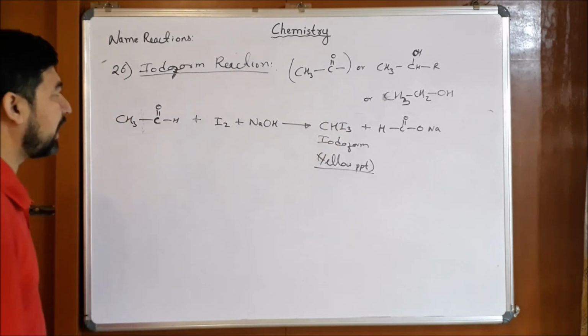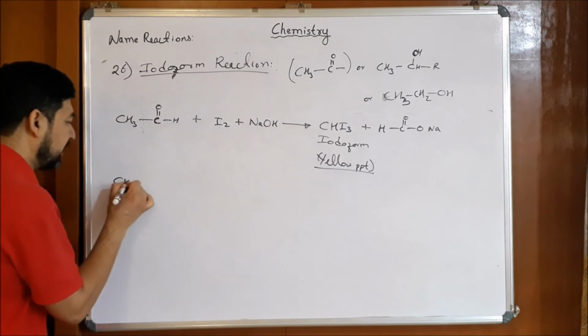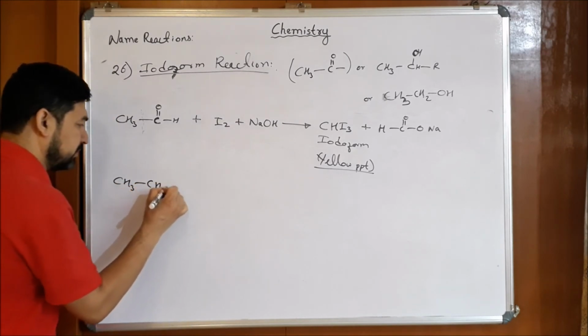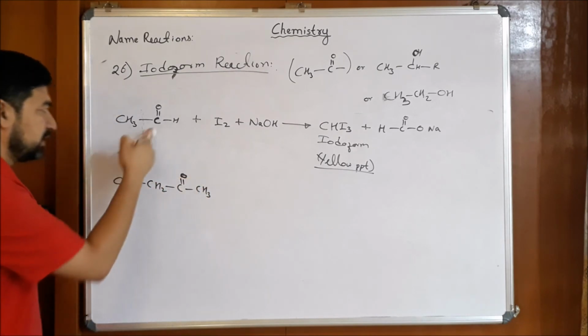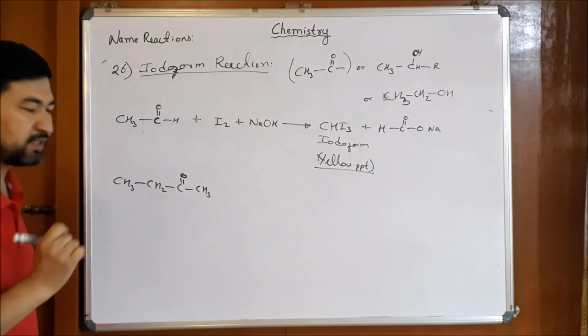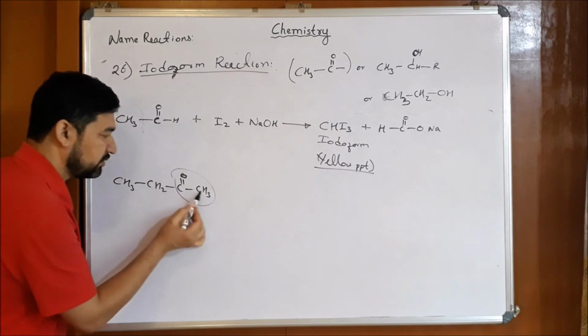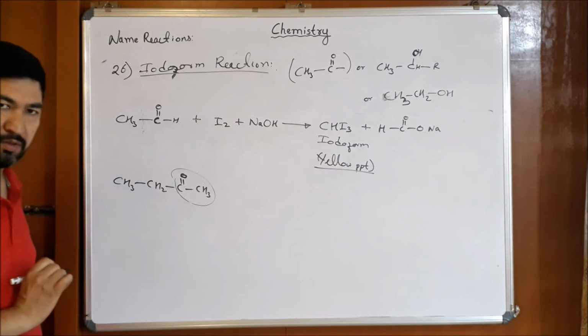Similarly, I'll take another example. If we have a group like this, it's basically a ketone. This was an aldehyde, and this is a ketone, but it has the CH3CO group.